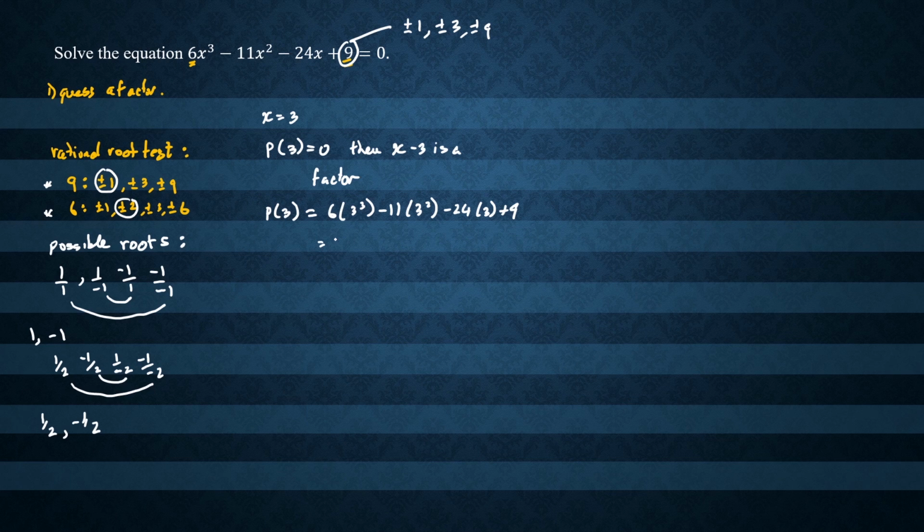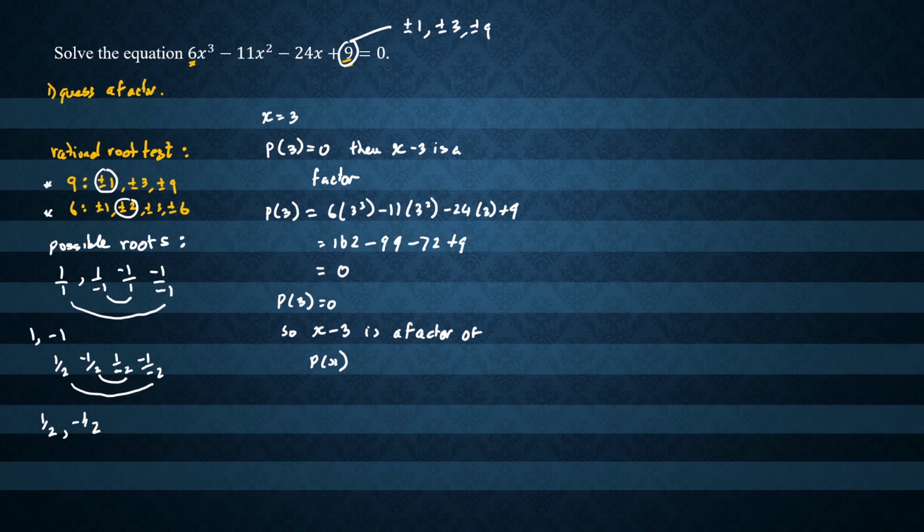So we'll get 162 minus 99 minus 72 plus 9. And when you calculate that, you'll get 0. So P(3) equals 0, so x minus 3 is a factor of P(x). That's your factor theorem.